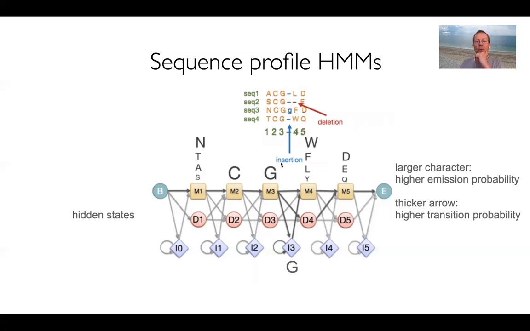So now we have defined the HMM from the multiple sequence alignment, and we can estimate the probabilities.